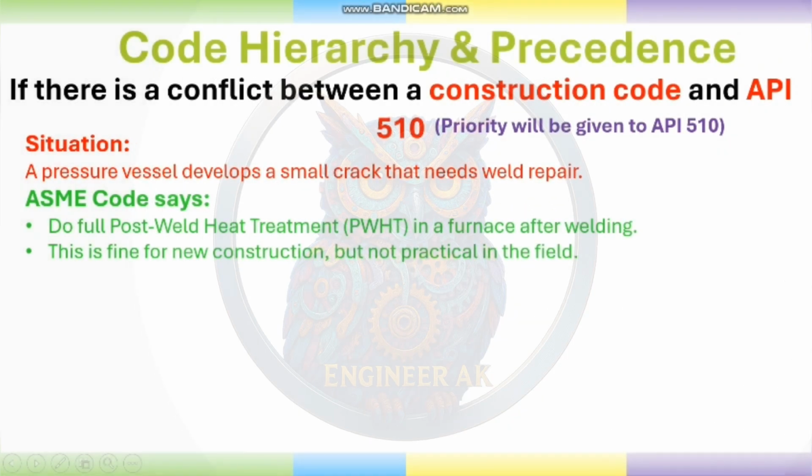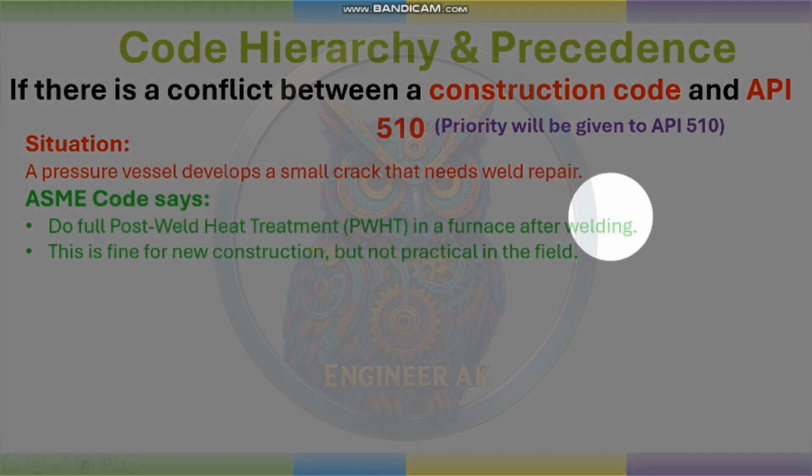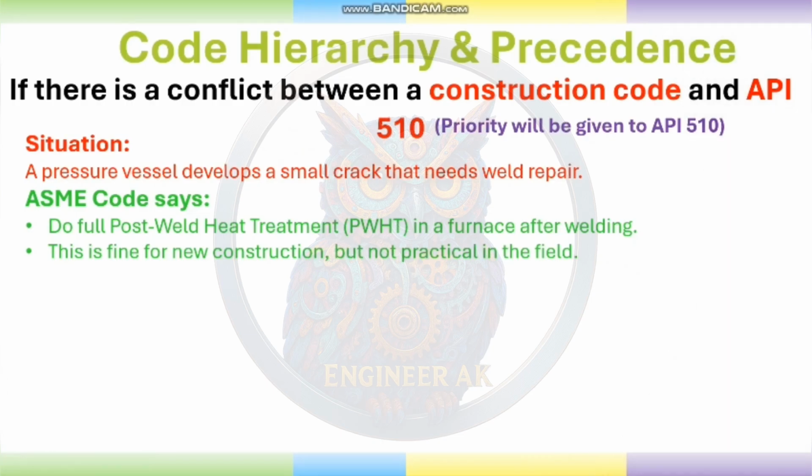So if the ASME code says that you have to do the post-weld heat treatment of the whole vessel after welding, that is difficult, or we can say impractical, because the vessel is installed in the field and we cannot take it out and bring it to a workshop or an area where we have a setup for post-weld heat treatment.